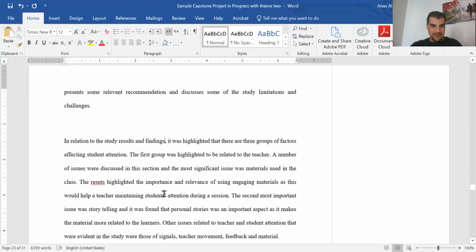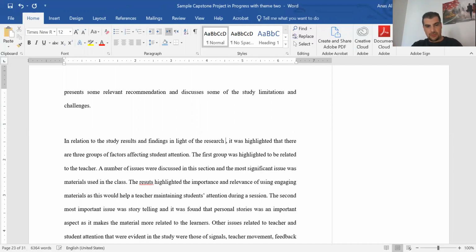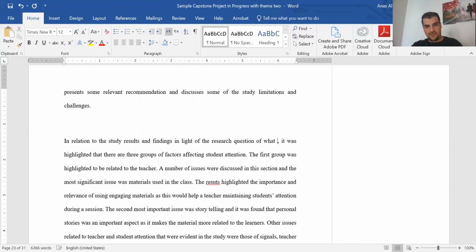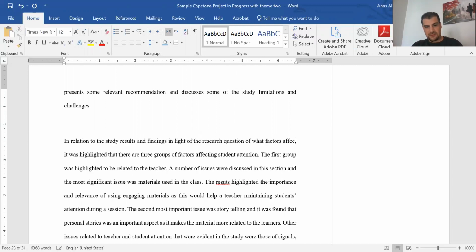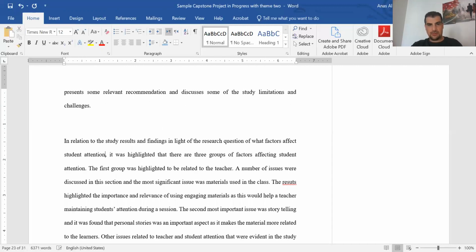I will add something here in relation to the study results and findings, in light of the research question of what factors affect student attention. It was highlighted there are three groups of factors.